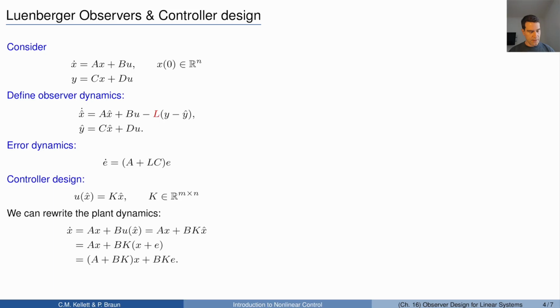Namely, if we plug that controller into our system dynamics, we end up with the expression visualized here, A plus BK times x plus BK times e. Here we have our error in terms of x minus x hat.